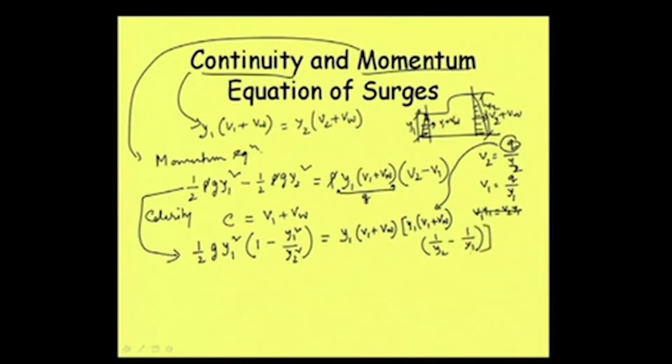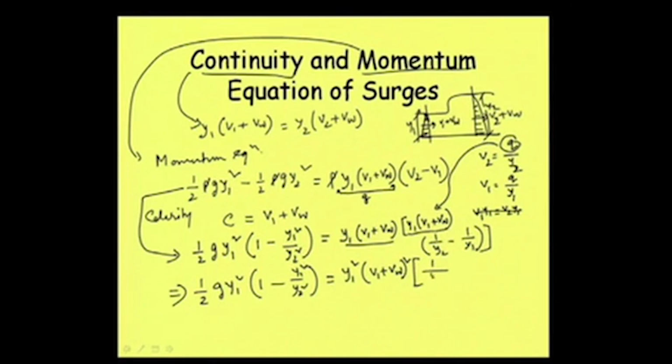As we can see very clearly, this term and this term are the same, because we are writing for discharge only, so this will be squared. So this can be written as half of g y1 square into 1 minus y2 square by y1 square is equal to y1 square, then v1 plus vw squared, then within the bracket 1 by y2 minus 1 by y1.